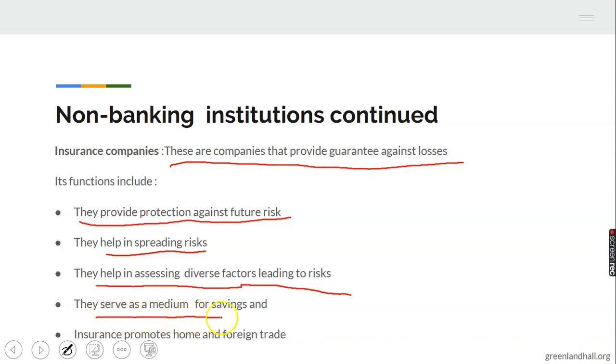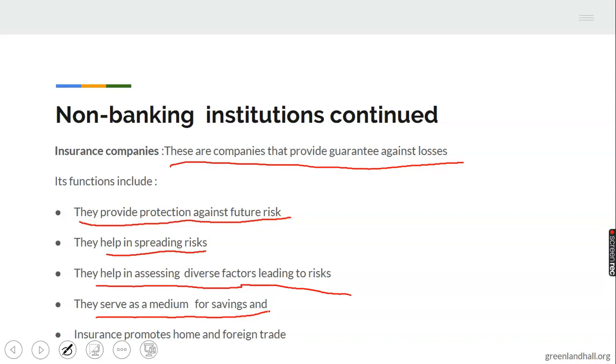They serve as a medium for savings and investment. It is possible for an individual, through the activities of an insurance company, to save in form of annuity from time to time against a particular period of years.